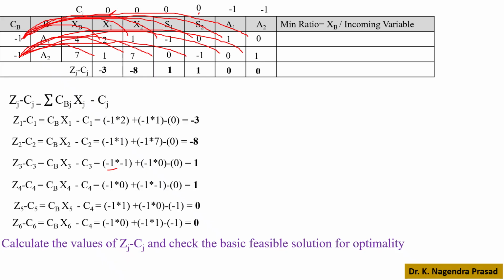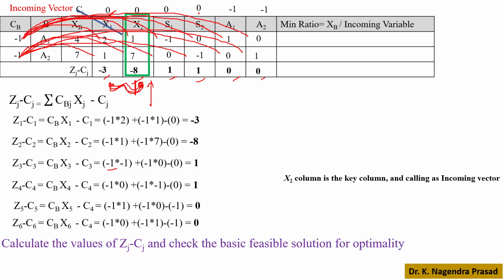Here the Zj minus Cj values are -3, -8, 1, 1, 0, 0. Z1 minus C1 and Z2 minus C2 are negative, so we are not getting the optimal solution. Among these two we select the most negative value, which is -8 for the x2 variable.